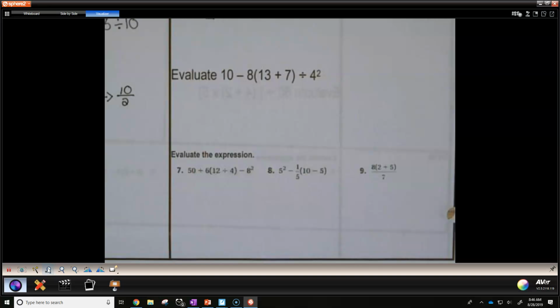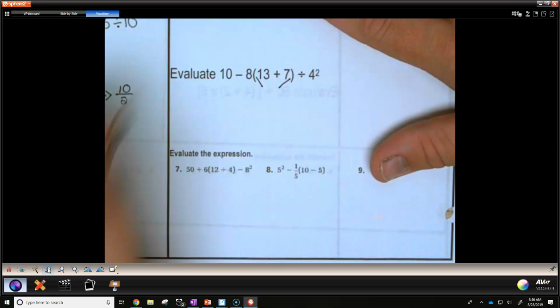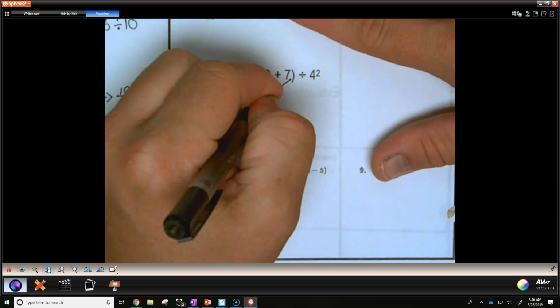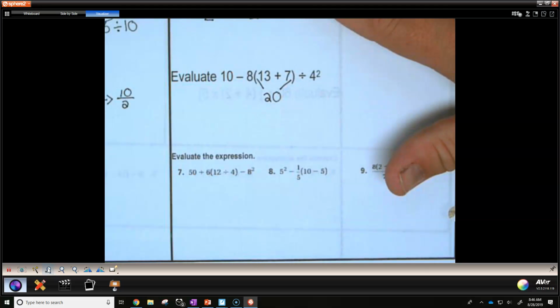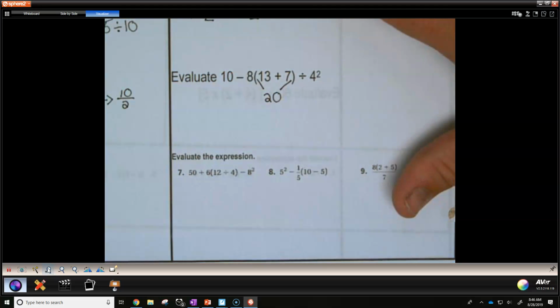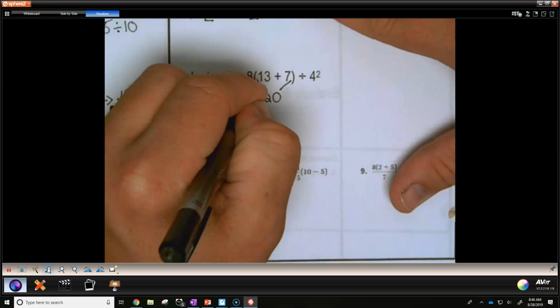Okay, parentheses. So let's do this. 13 plus 7 is 20. Now here's the trick, so make sure everyone's paying close attention. When I rewrite this equation, I do 10 minus 8.